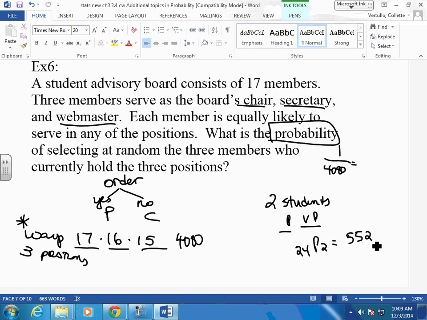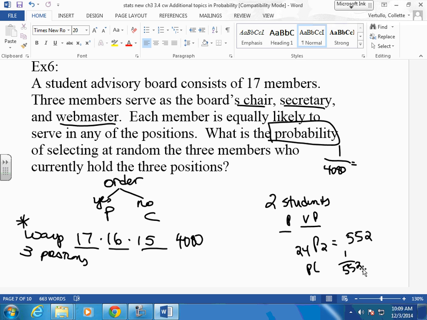How many ways can that happen? One, thankfully. One way that Damani's president and Aaron's vice president. So, what is the probability of selecting exactly my president and my vice president? 1 out of 552. Makes more sense when we kind of bring it to something closer, right?